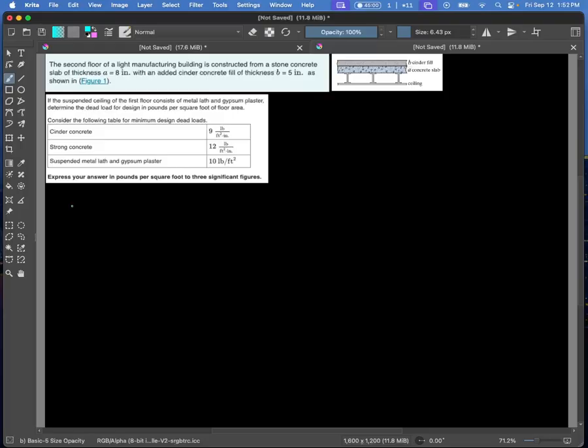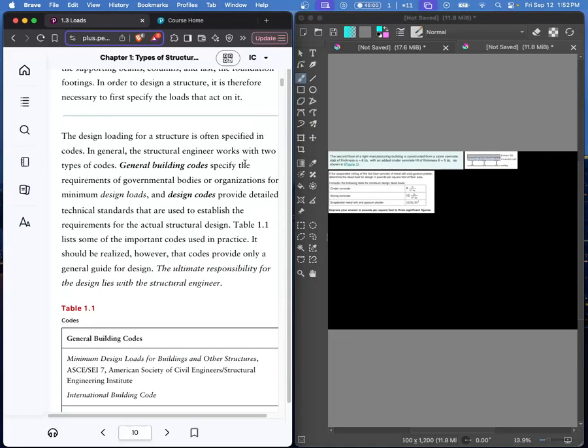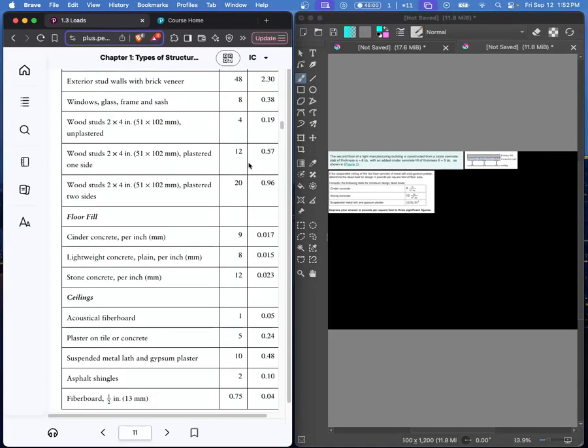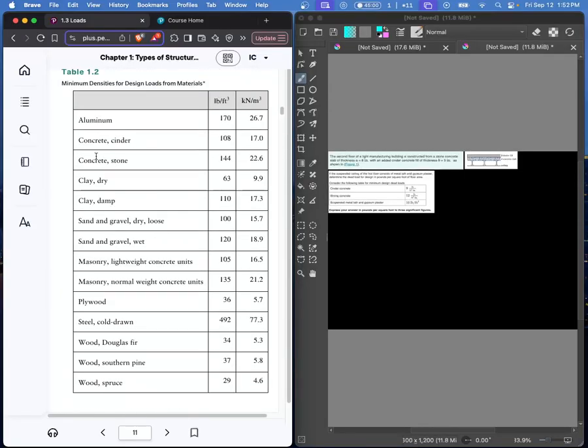I'm assuming stone concrete is the same as cinder concrete. If we go back here, I don't know why that reset. Yeah, there's just stone and cinder, it looks like.